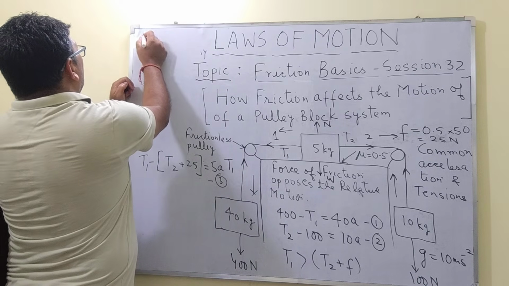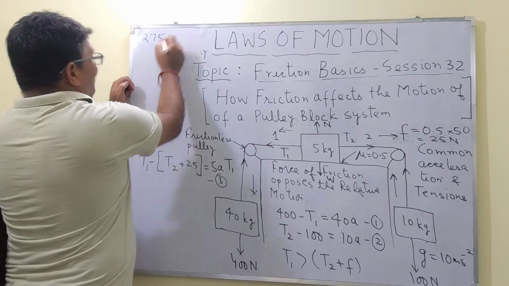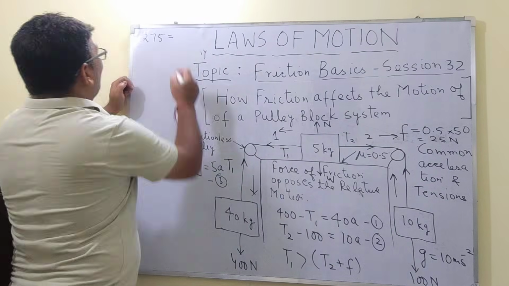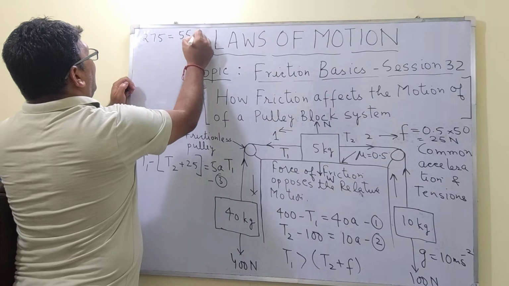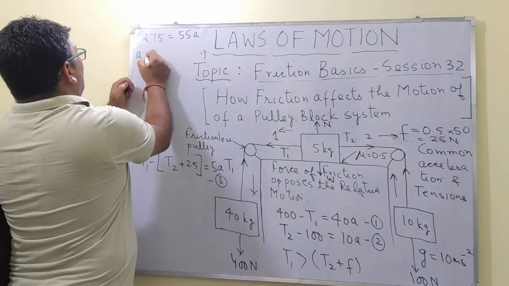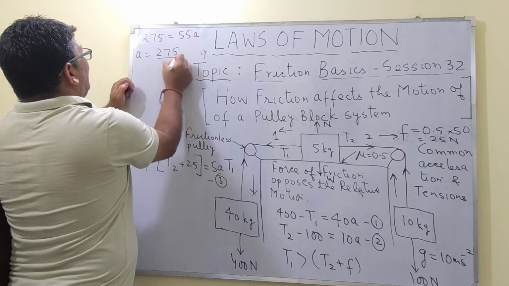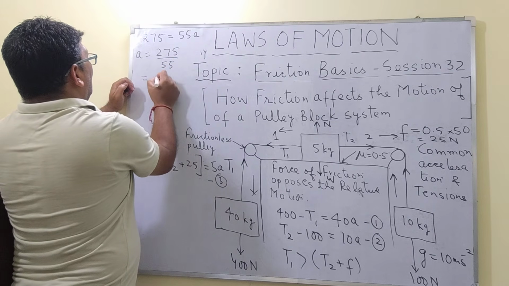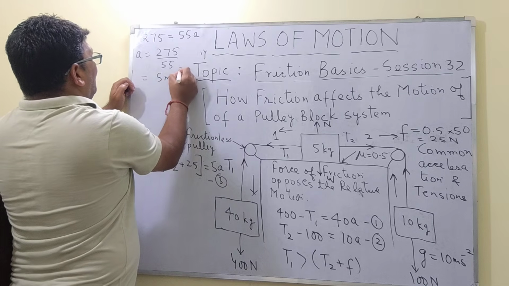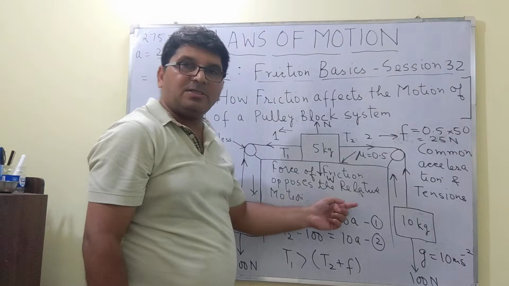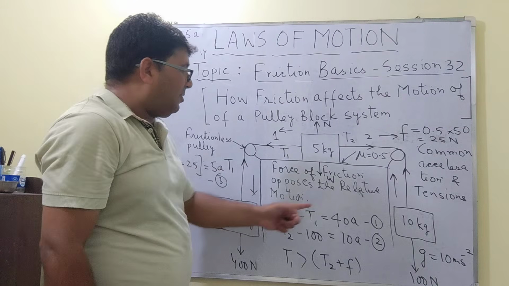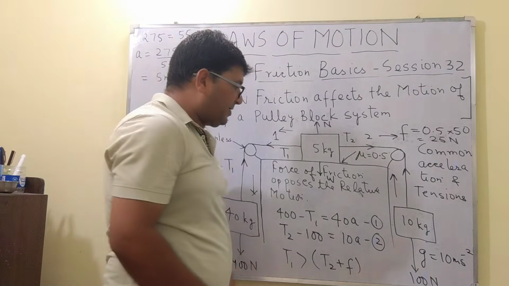This will be equal to 275, and this will be equal to 40 plus 10, 50, 50 plus 5, 55 A. So A will be equal to 275 divided by 55. This will be equal to 5 meter per second square. So the common acceleration of these blocks will be equal to 5 meter per second square.